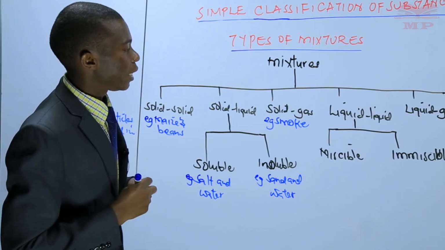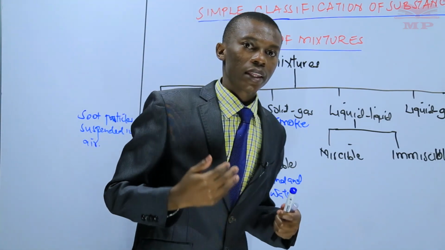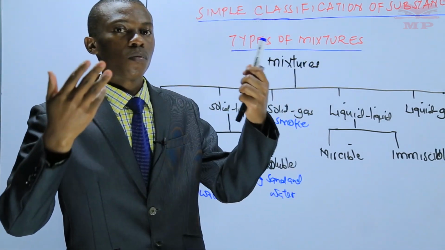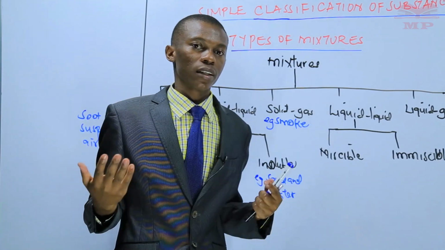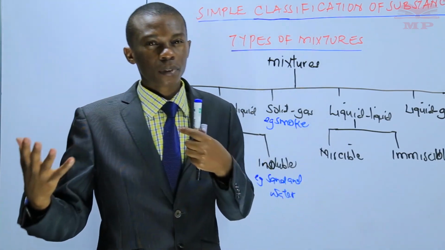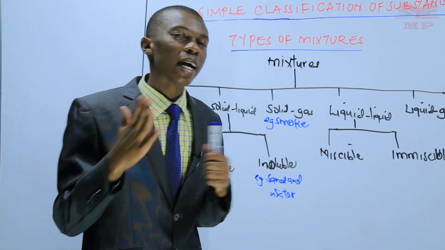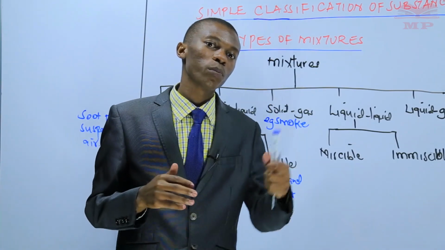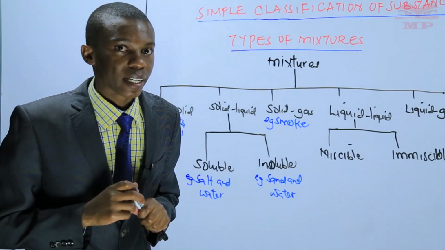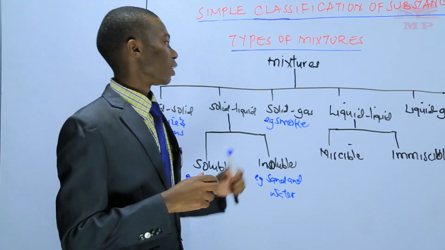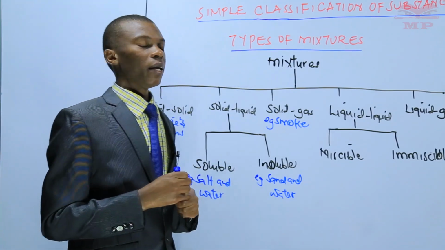Soot particles suspended in air. Then that is a mixture of air and a solid. It's a solid-gas mixture. So there are soot particles and air, which is a mixture of gases. So that is an example of a solid-gas mixture.